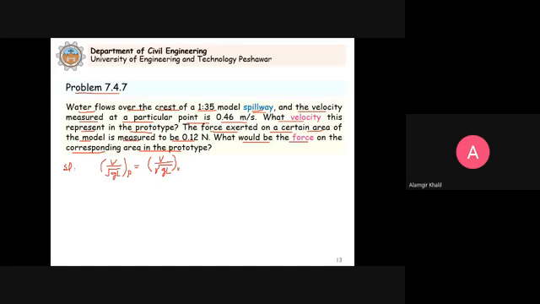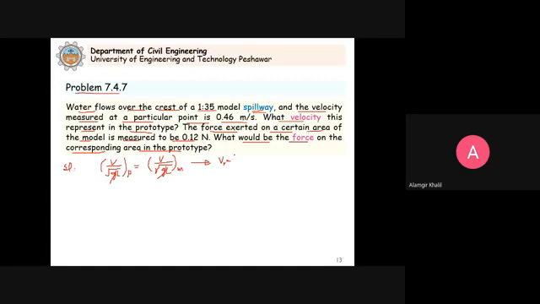Now g is the same for the model and the prototype, so that's why this g can cancel out. If the model and the prototype are on different planets, for example one on the surface of the Moon and another on the surface of Earth, then in that case this g will vary.